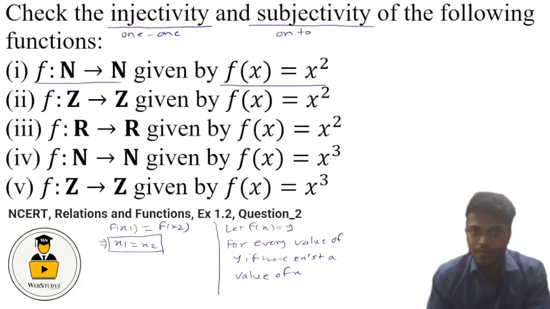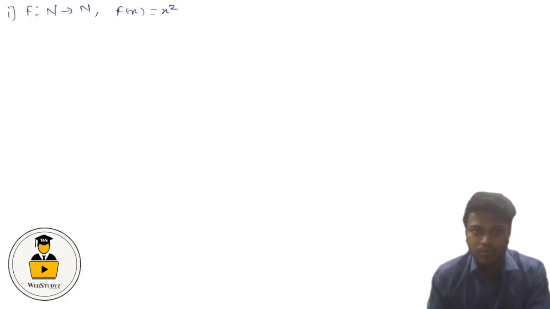The first function we have been given is f from N to N, and the function is x squared. First we will check for injectivity. For injectivity, we will assume f of x1 equals f of x2. So this will make our equation x1 square equals x2 square.